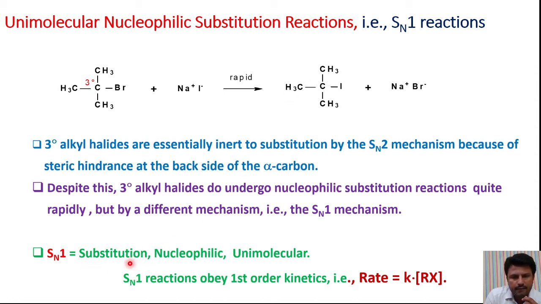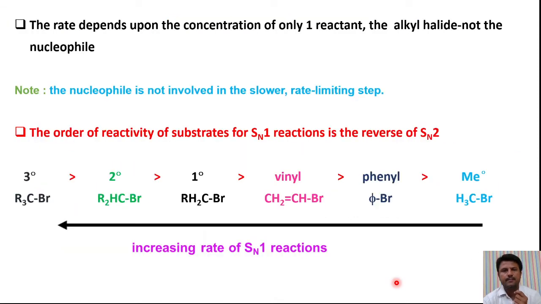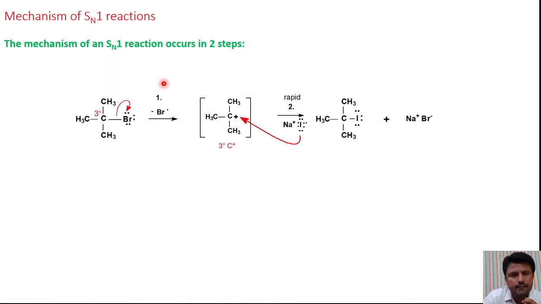Here in the SN1 case, the rate depends only on the concentration of alkyl halide. So the rate law can be written as rate equals rate constant times the concentration of alkyl halide. Because this SN1 reaction occurs in two steps.